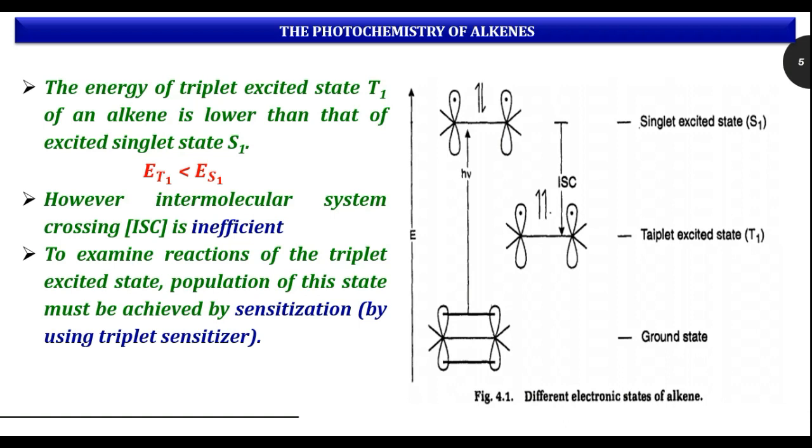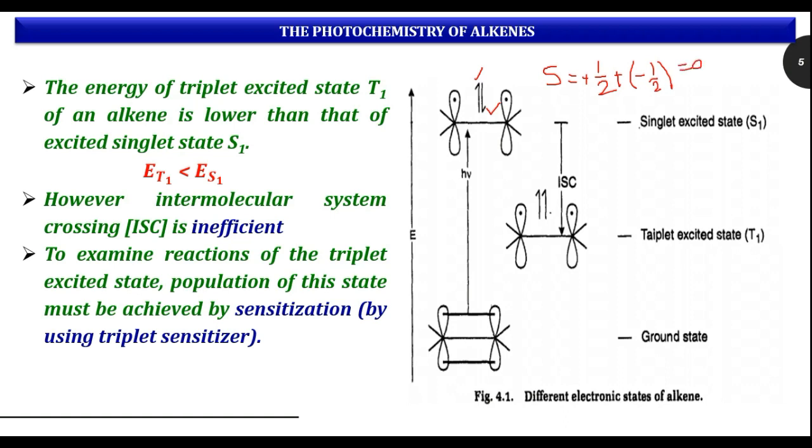The spin of this electron is plus 1 by 2, and the spin of that electron is in the opposite direction, minus 1 by 2. So the total spin is equal to 0.